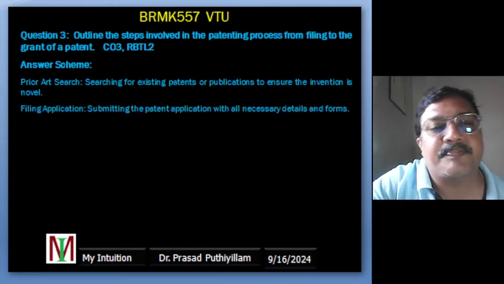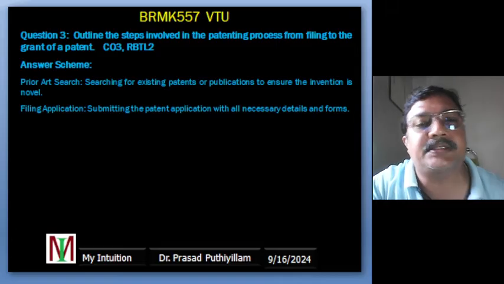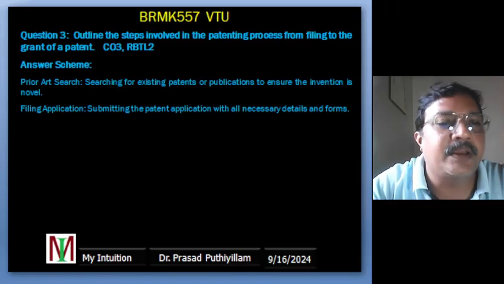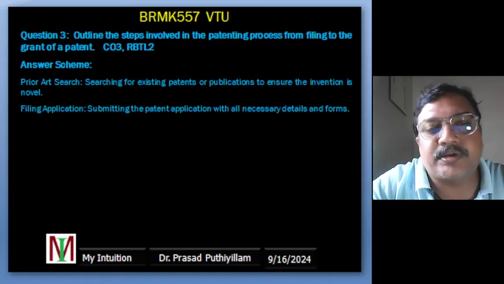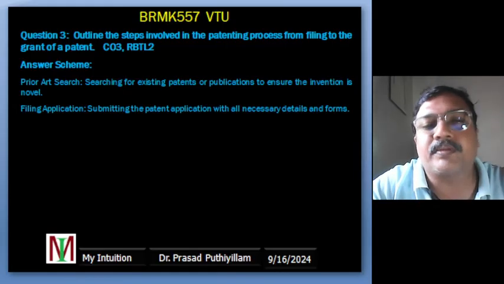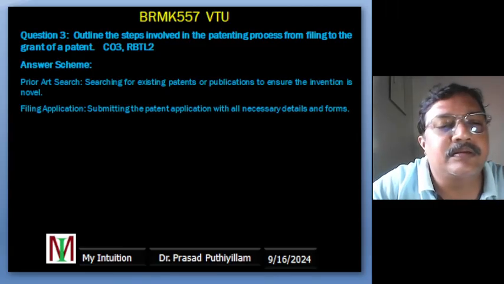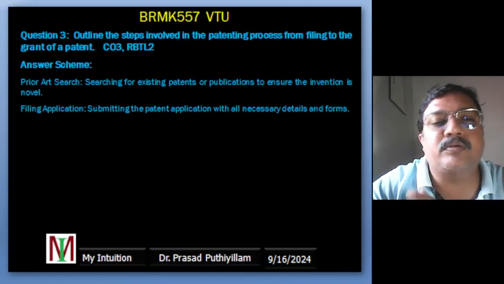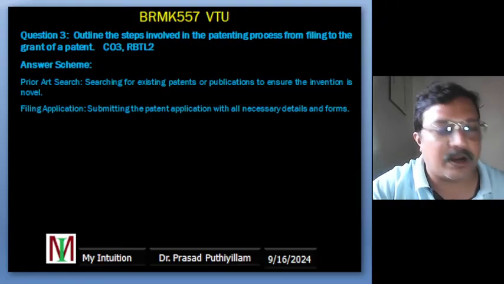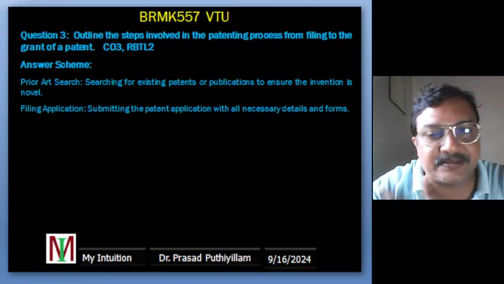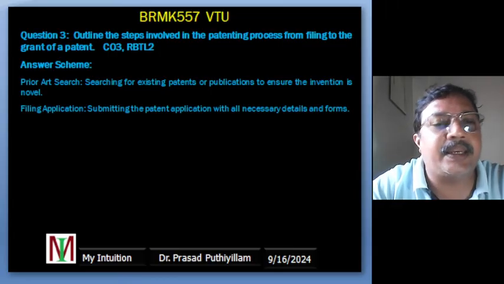Filing applications: submitting the patent application with all necessary details and forms. After we are sure that our invention is new, we need to officially submit an application. This application includes details like how our invention works, why it is new, and any forms required by the patent office.